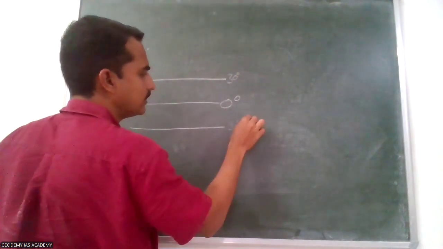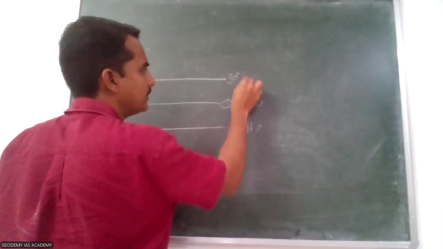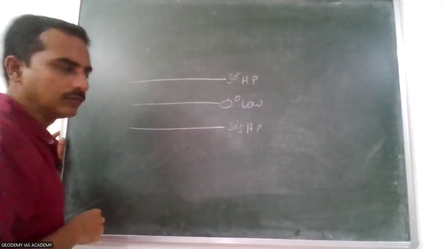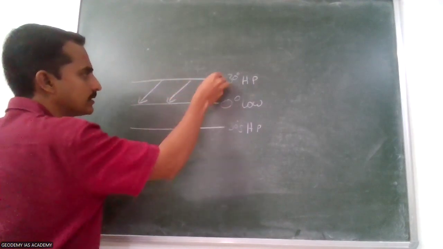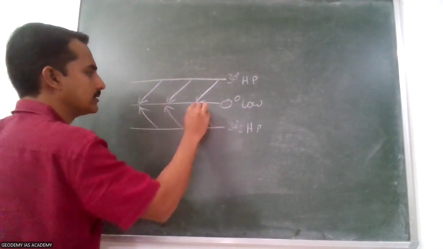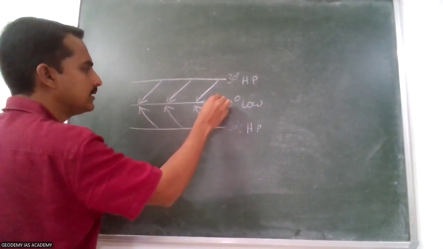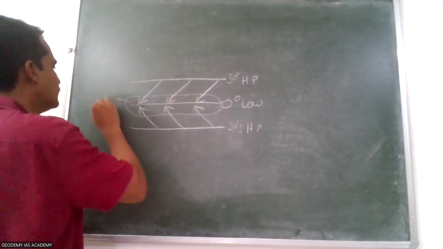And we know that it is high pressure region, and equator is low pressure region, and it is high pressure zone. And the trade wind from the high pressure to low pressure, that is from the subtropic to equator, it blows in these directions like this. And the convergence region in equator is called as ITC, intertropical convergence zone.